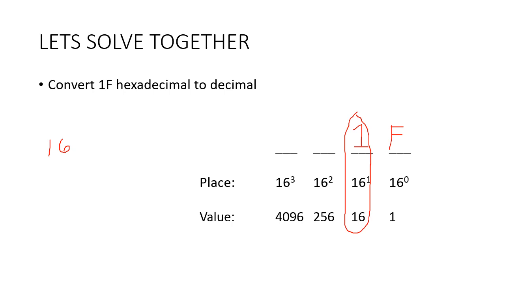Because we have 1 times 16 plus F ones. We know F is equal to 15. So 15 times 1 is 15. And our answer is 31. So 1F in hexadecimal is equal to 31 in decimal.